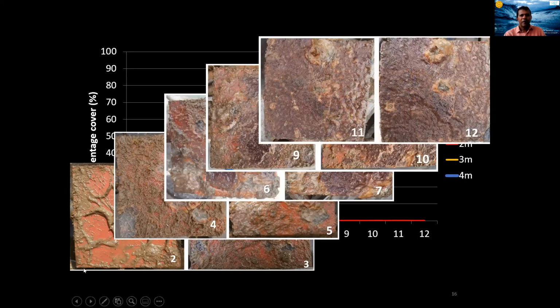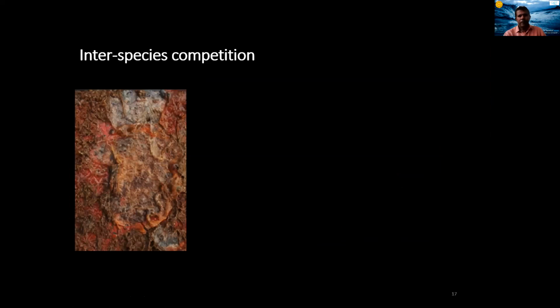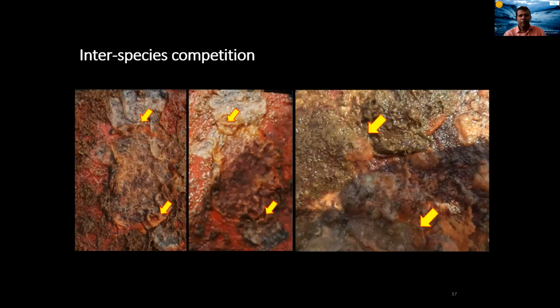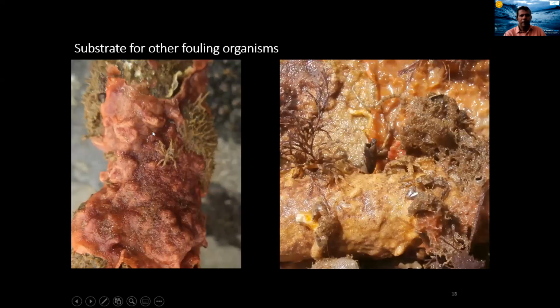From the very early stage to a more developed community, right? You can see even further development. If you go further, you will see more and more species coming onto the initial plate. This whole thing will be covered with different species within several months, right?